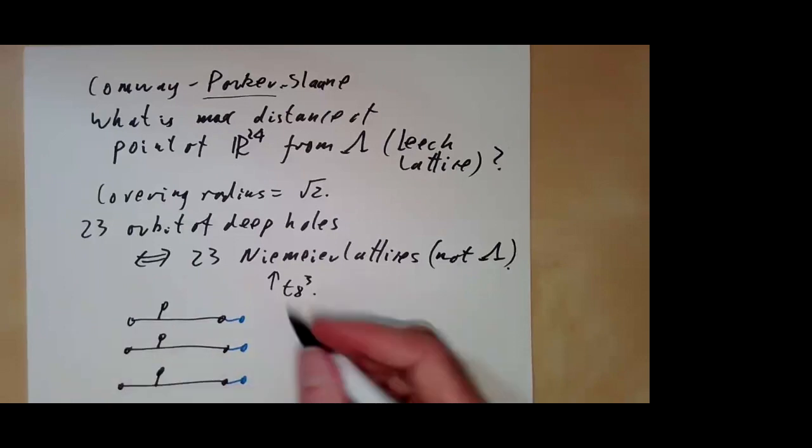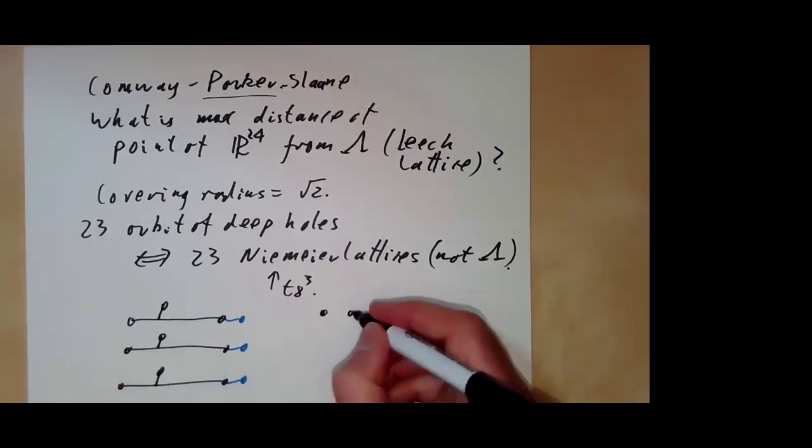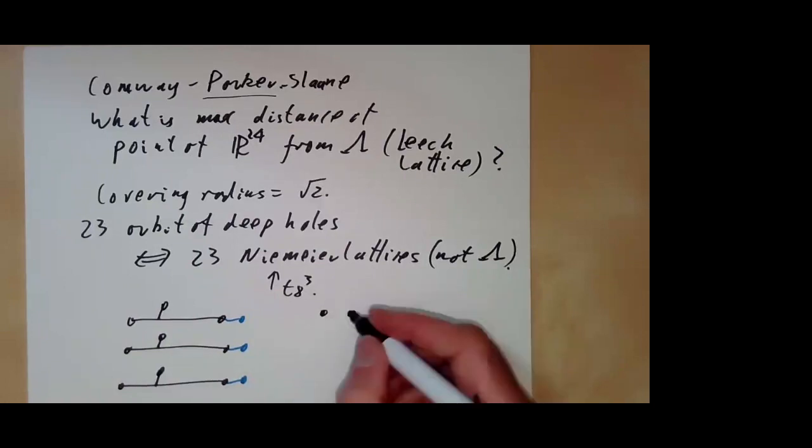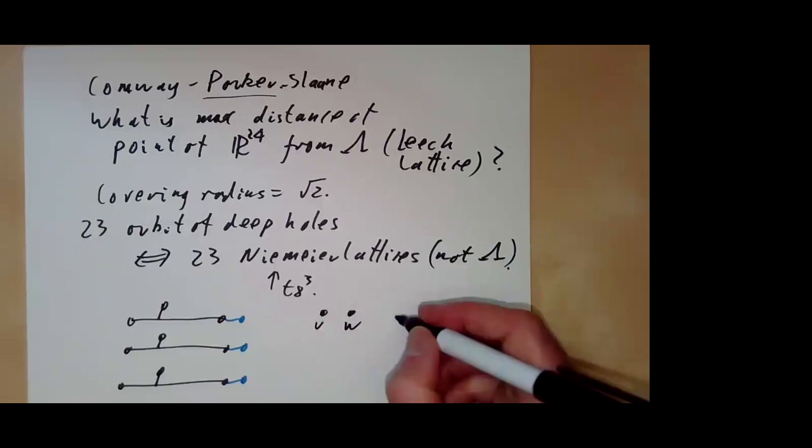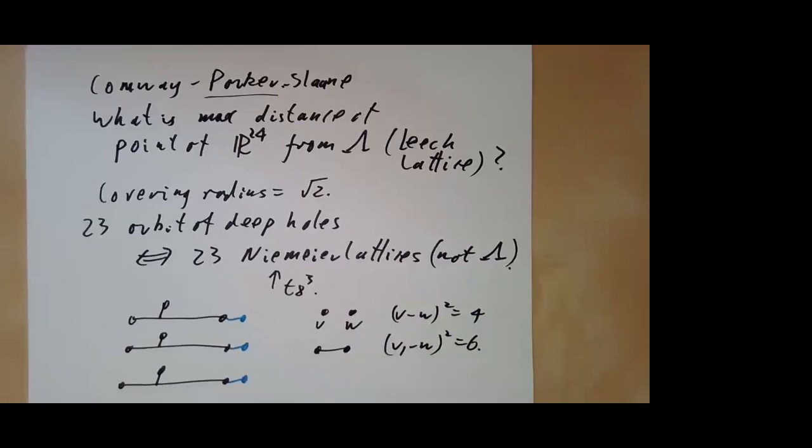Each of these points corresponds to a vector of the Leech lattice. If points v, w are not joined, this means (v − w)^2 = 4. And if they're joined by a single line, this means (v − w)^2 = 6. You can take a configuration of vectors like that, and it turns out the center of this configuration is then the deep hole. So we've got this completely and absolutely bizarre correspondence between the Niemeier lattices and deep holes in the Leech lattice.